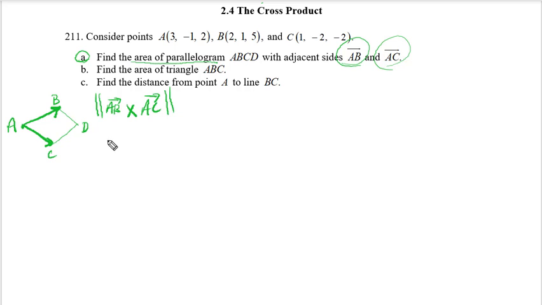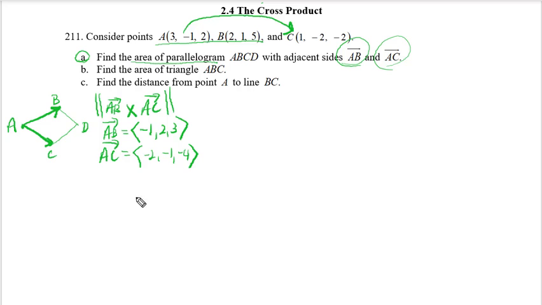But the vector from A to B, as you see from up here, is going to be the vector -1, 2, 3, and the vector from A to C is going to be the vector -2, -1, -4.